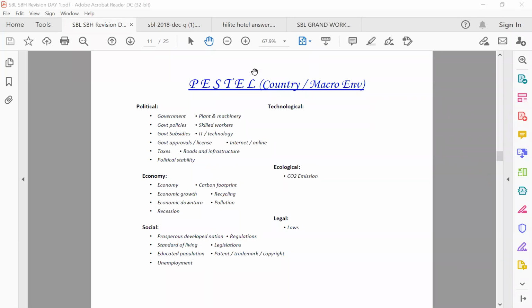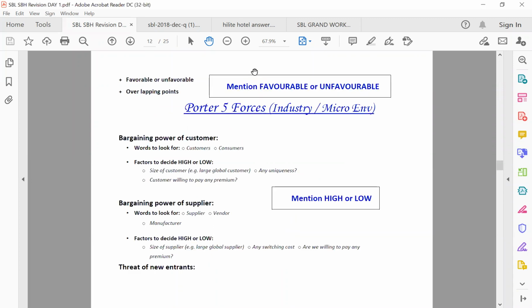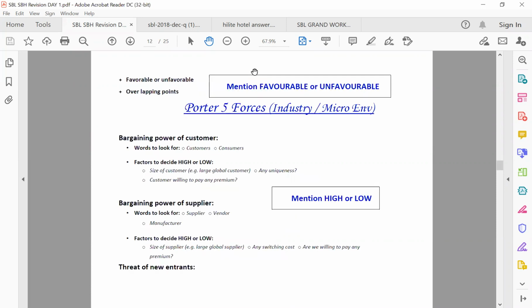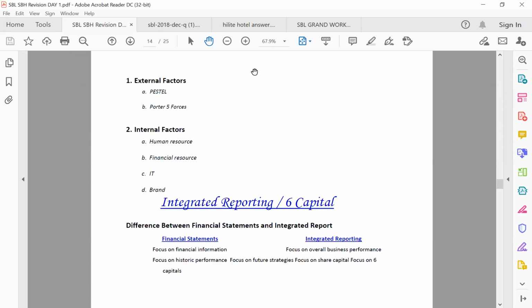So in our last class, we studied the PESTLE area, and we also went through Porter's five forces model. Basically we did two different analyses.